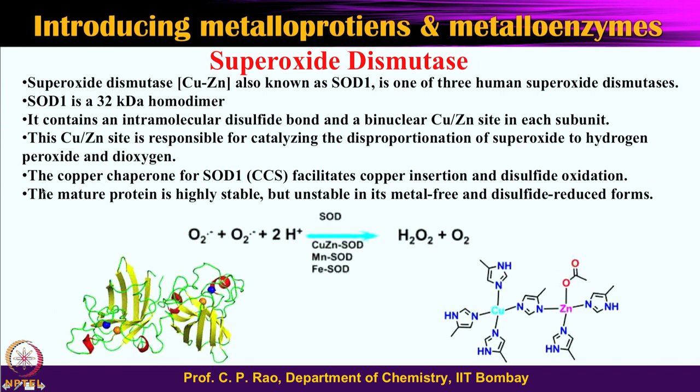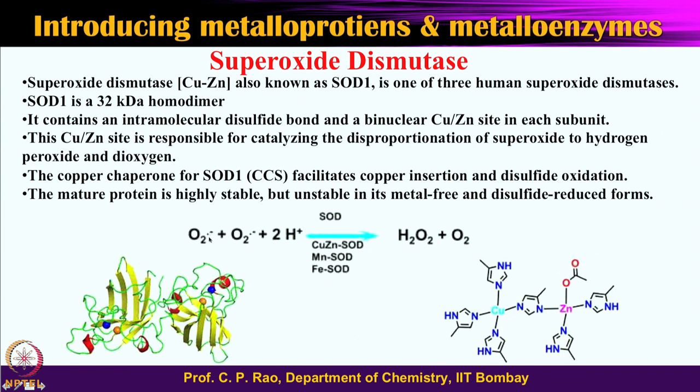In the biological system, the copper chaperone for SOD1 facilitates the copper insertion, and also causes disulfide oxidation to form the structure. The mature protein is highly stable, but unstable in its metal-free and disulfide-free form. If it does not have a disulfide, the protein is not stable. If it does not have a metal, it is not stable.